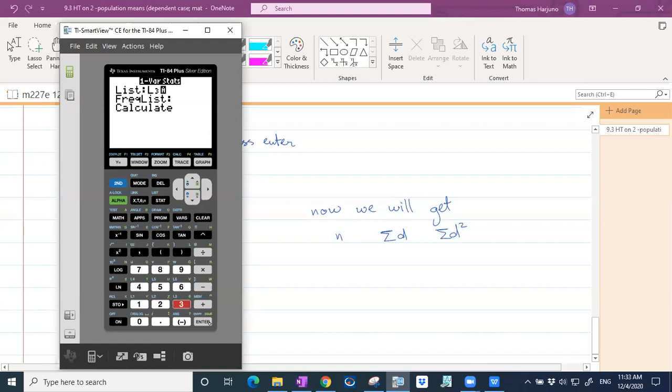The frequency list, don't worry about it, calculate, boom. When you use L3, our calculator understands that as X. That's why they use x-bar and sum of x squared, but you actually use a dummy variable D, right? So your n will be 6, your sum of d will be 64, and sum of d squared will be 976.